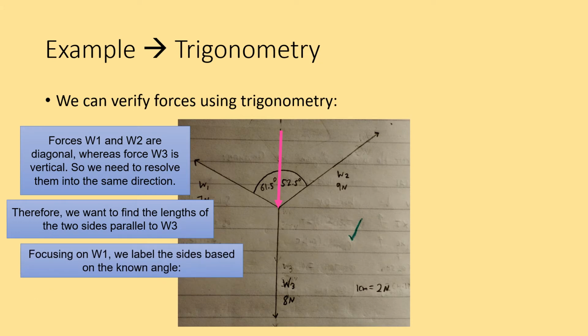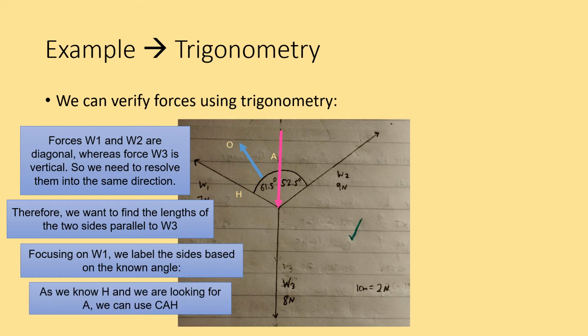And if we just look at W1 for a moment, we label the sides based on the known angle. We know the angle, 61.5. We know the hypotenuse. We're calculating the adjacent, and we know the angle. So using the SOH CAH TOA rule, we know the hypotenuse, so we can use cos of the angle to give us the adjacent.